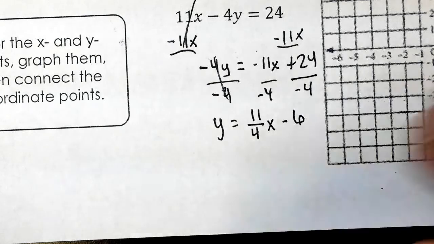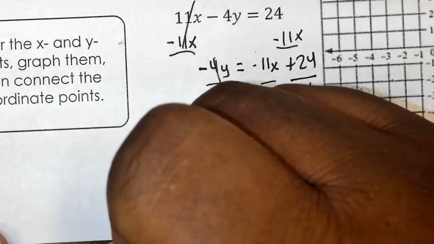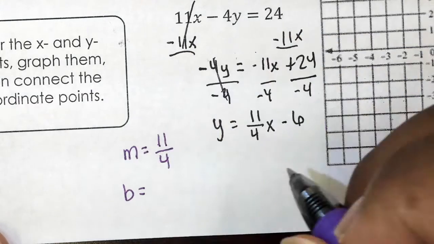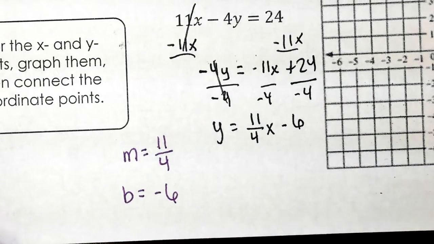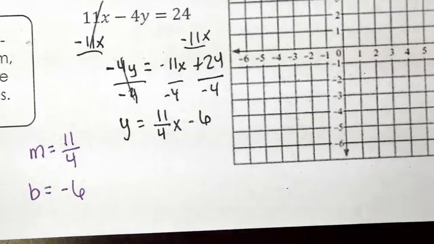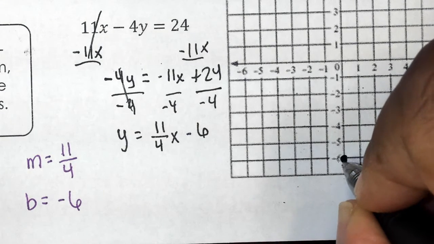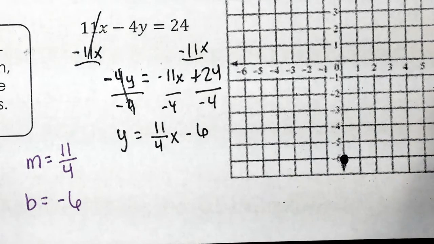So Tim, M and B. M is 11/4, and then B is -6. Alright. So we put our intercept on first, going to -6 on the y-axis. And then from there we count our slope of 11/4. Probably only going to be able to put 1 point on, but that's fine.